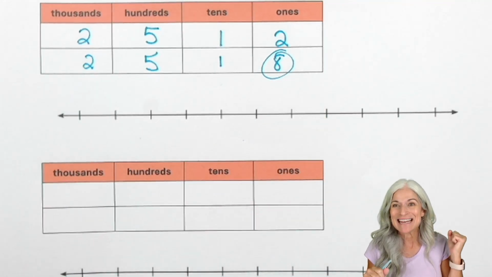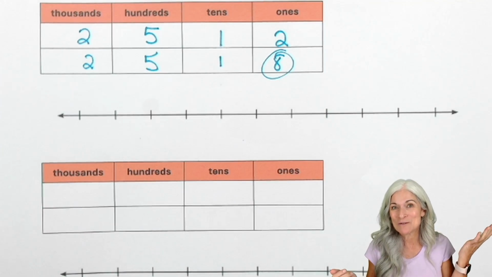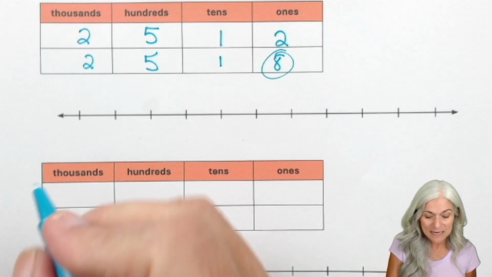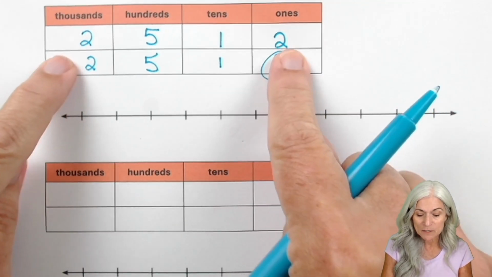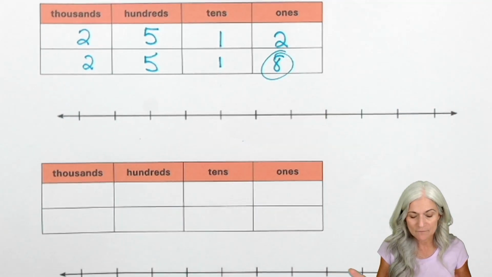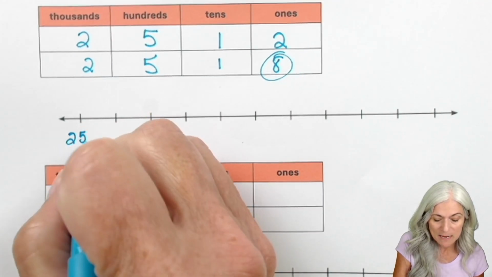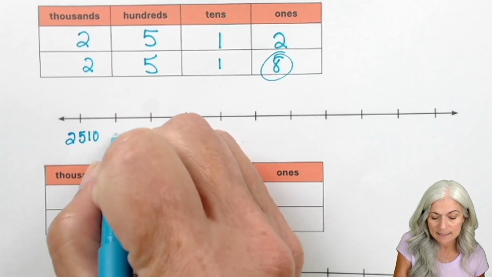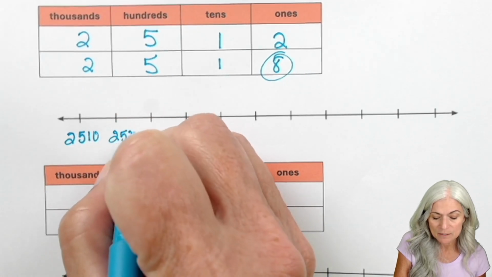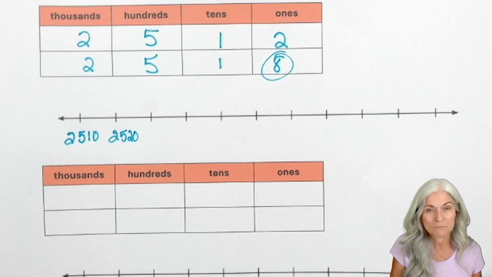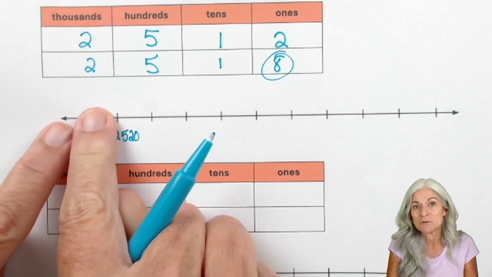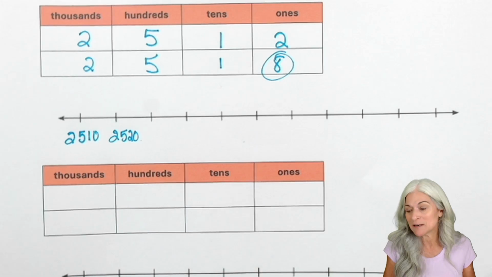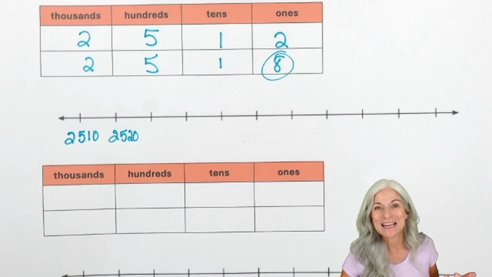The number line is not numbered. So what could we do here? Well, we can number it. We can say, well, we just go from 2,512 to 2,518. So we might do 2,510, 2,520. We may even look, then we're going to be squeezing them both in between here. There's no right or wrong answer here.